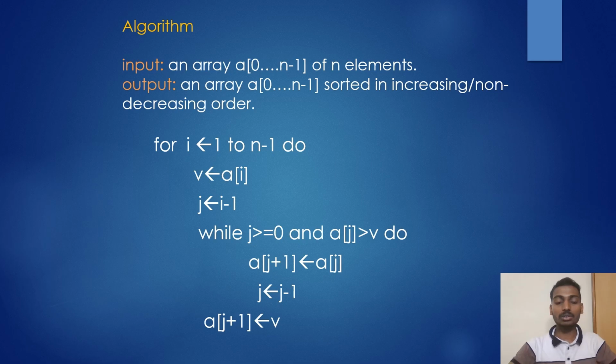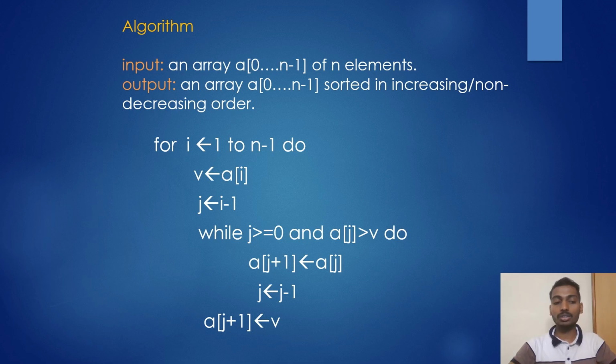Then v equals array of i, and j equals i minus 1. Then we apply the while loop, where j should be greater than or equal to 0 and array of j should be greater than v.